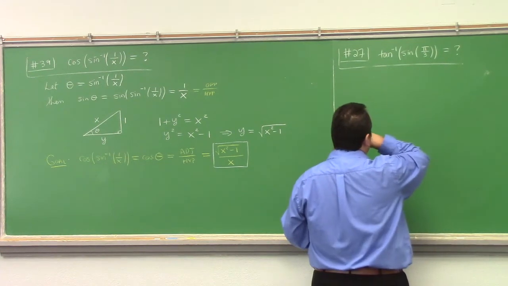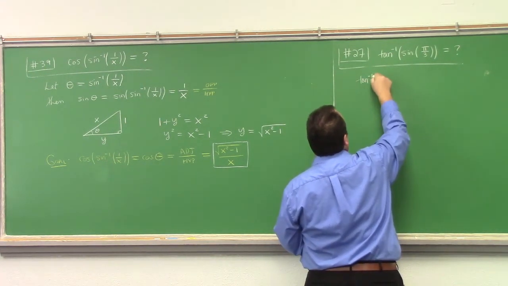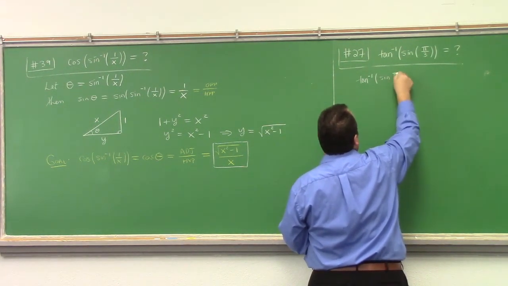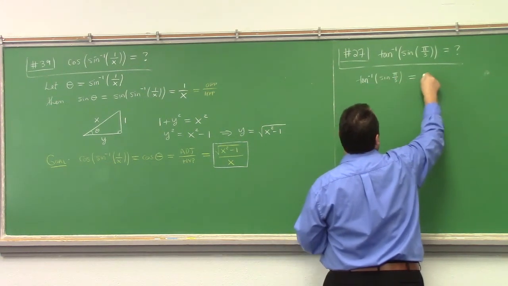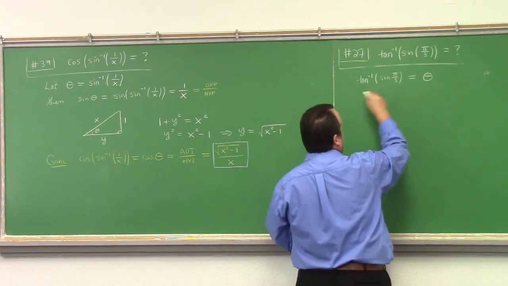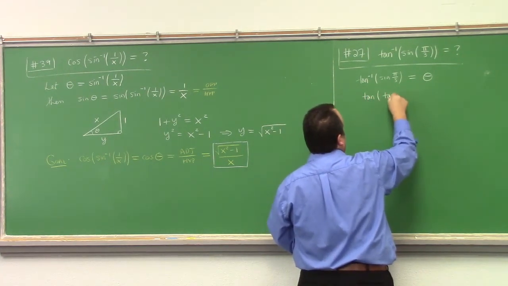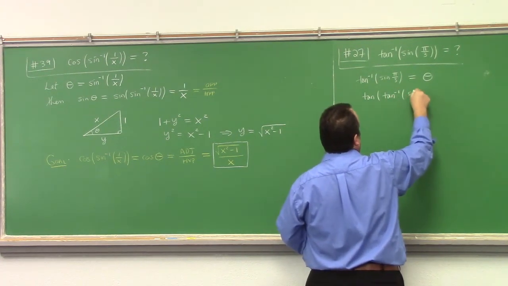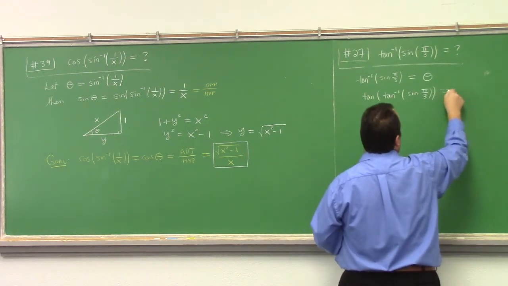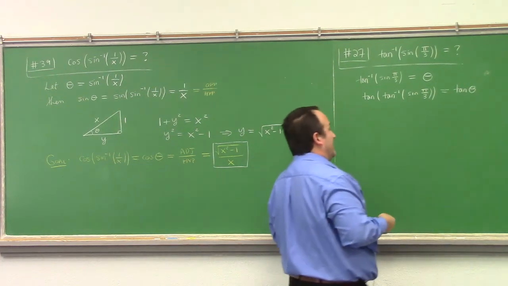So if we call this thing, inverse tangent of sine of pi over 3, whatever that is, equal to some angle theta, then taking the tangent of both sides, what happens? As a student, I almost feel silly showing you this, because if I was in your position, I would just use my calculator to work this out.